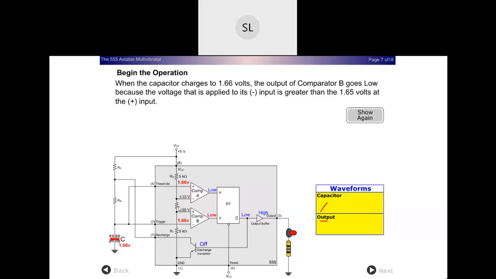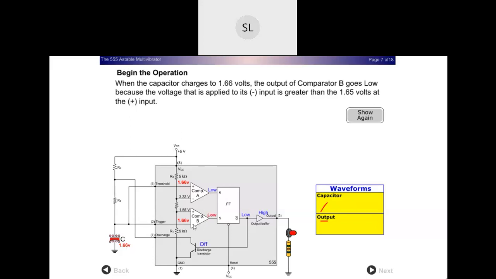So the voltage at the inverting input terminal of comparator A will be 3.33 volts and the voltage at the non-inverting input terminal of comparator B will be 1.65 volts. Now see here, when the capacitor is charged to a voltage equal to 1.66 volts, then what will happen?